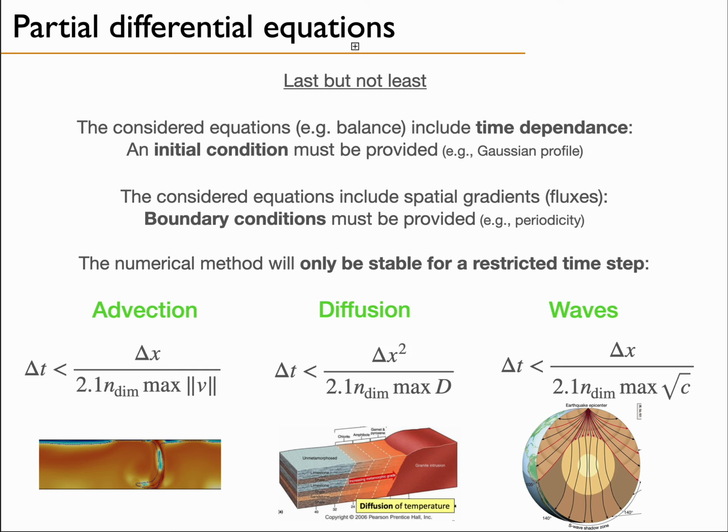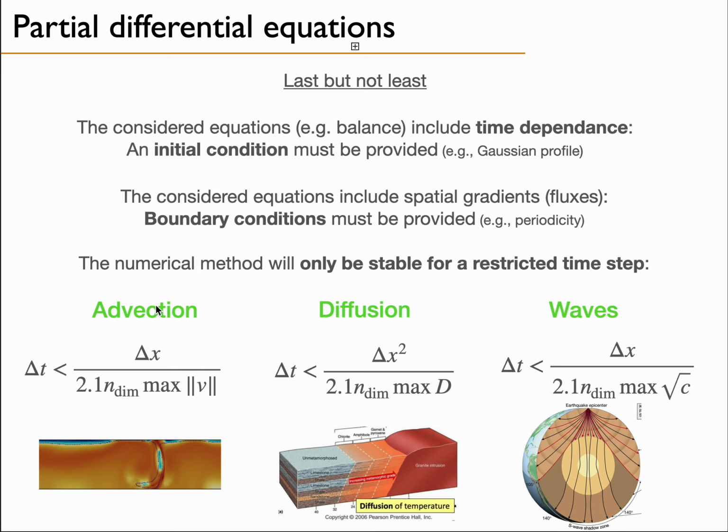And the last information to be said about that is that the numerical method we use here is called an explicit finite difference scheme. It will only be stable for a restricted range of time step values. And these time step values depend on the physics.